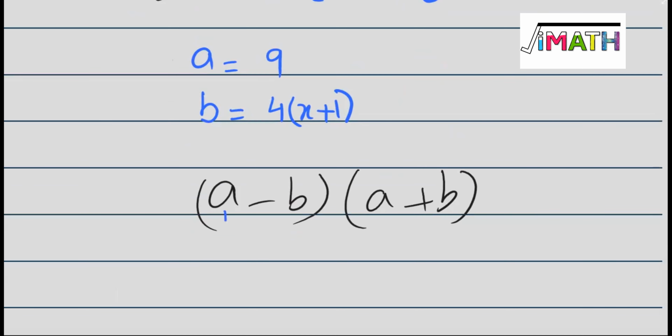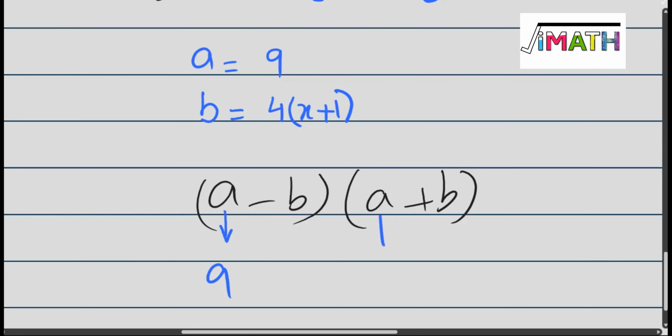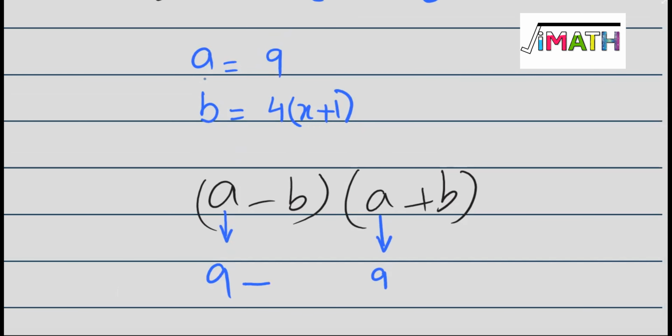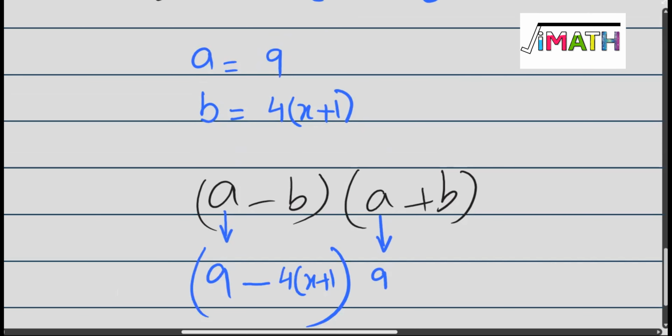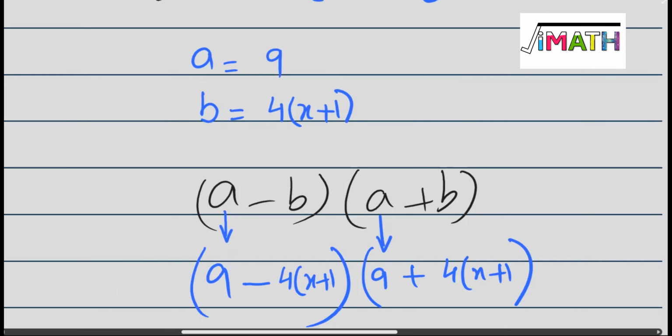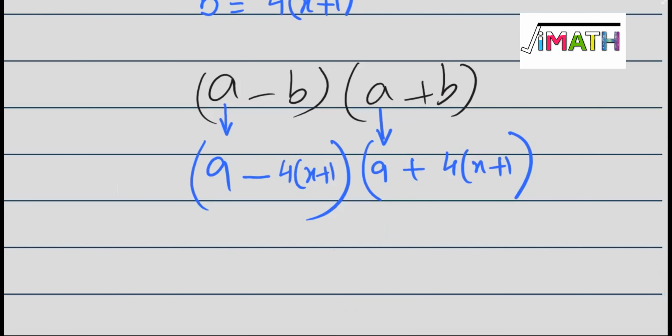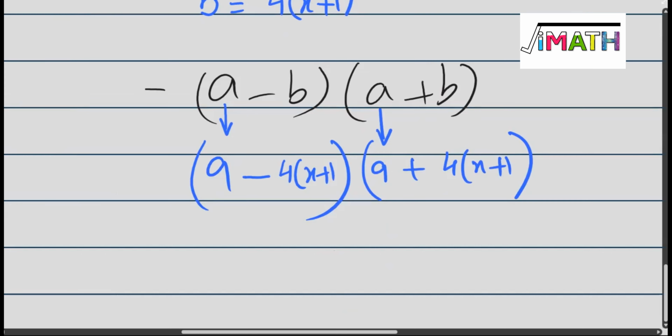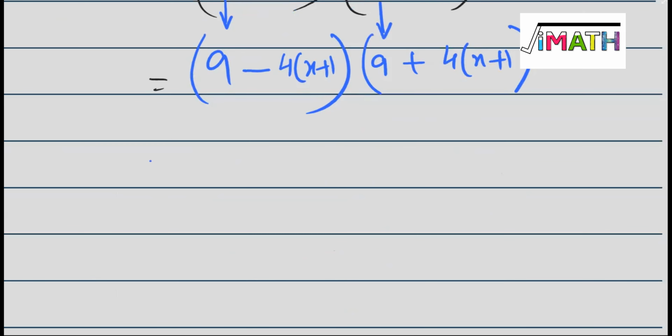So a is 9, and minus b is 4(x plus 1), and plus b is 4(x plus 1). And you know that (a minus b)(a plus b) is equal to a square minus b square. If you continue solving, use the distributive property here.